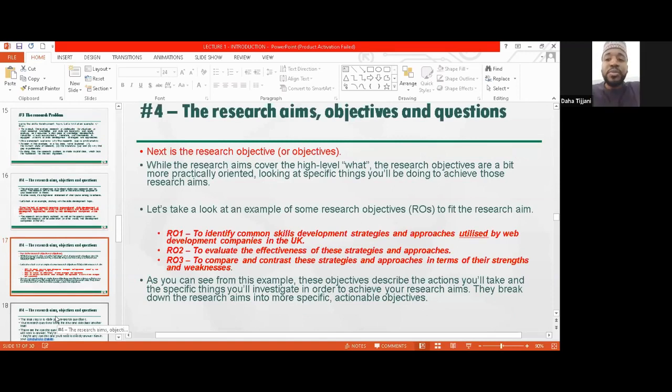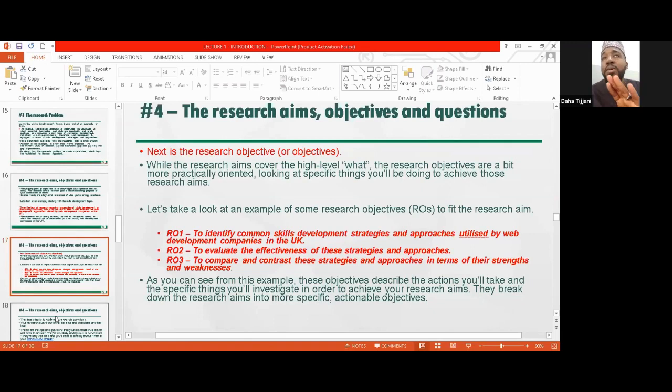For example, if let's say from your theory or from your research framework, you have identified 3 independent variables and 1 dependent variable. So for each independent variable, you need to have one objective. One objective investigating each independent variable.